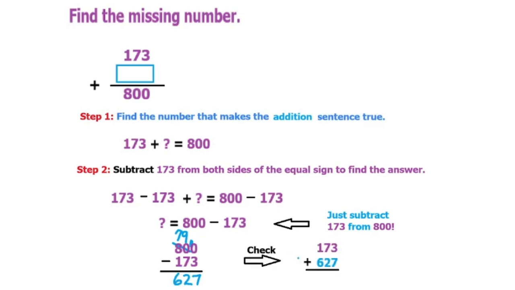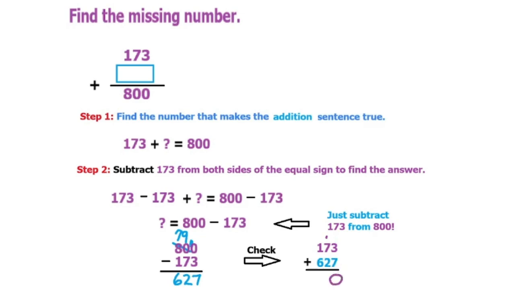So now what we're going to do is we're going to check. So this is the answer we got, 627. So we're going to add it to the original addition sentence here, right? So 7 plus 3 is 10. Oh, let me change my color. 10.